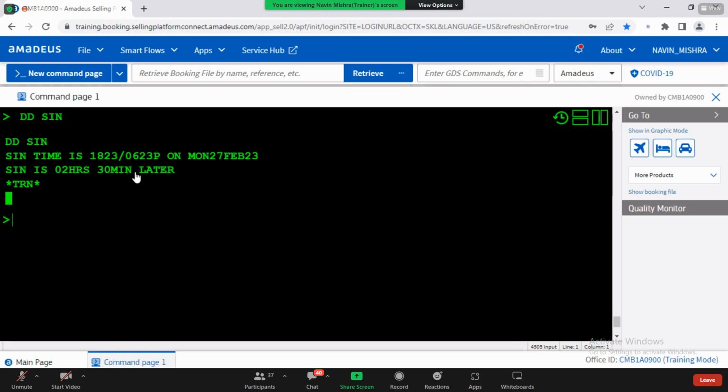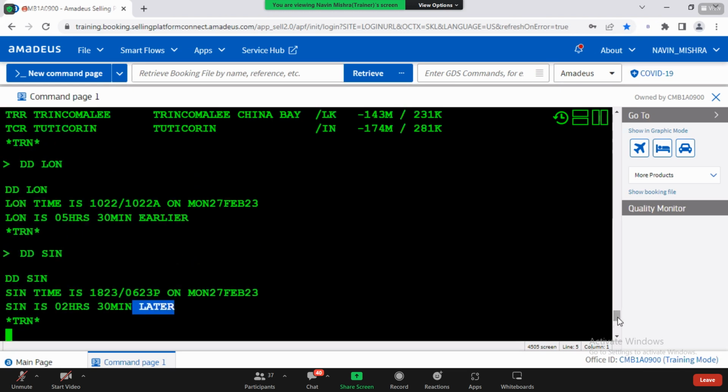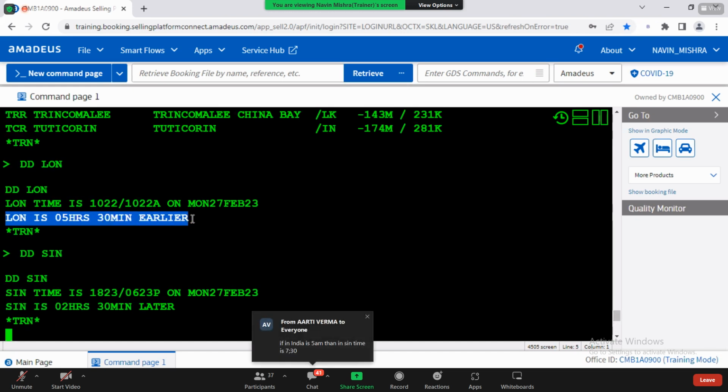That is the reason it says later. Now, if I scroll up above, it shows London is 5 hours 30 minutes earlier, which means behind Colombo. So Colombo time is 4 o'clock. If I reduce 5 hours 30 minutes, that means it's 10:22 a.m.